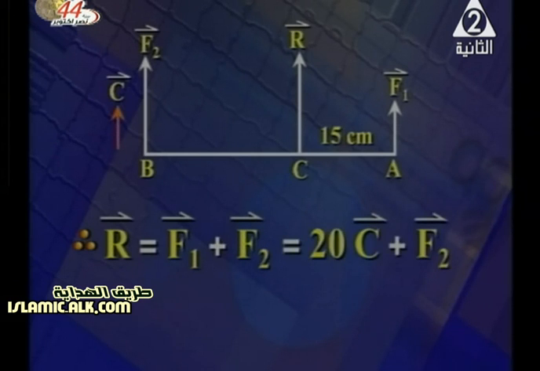By substitution, 35C equals 20C plus F2, so F2 equals 15C. Why? Because R equals 35, R equals F1 plus F2, and F1 equals 20, then F2 equals 15C vector.